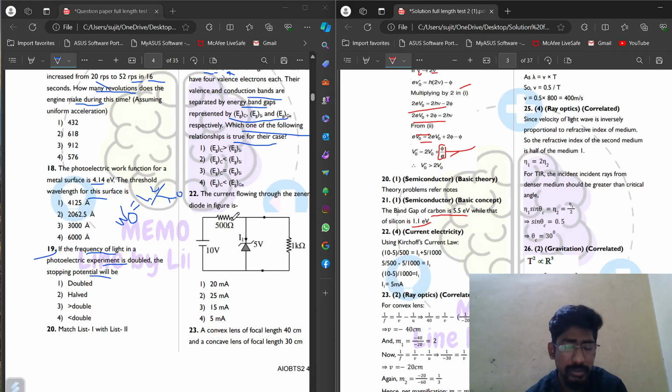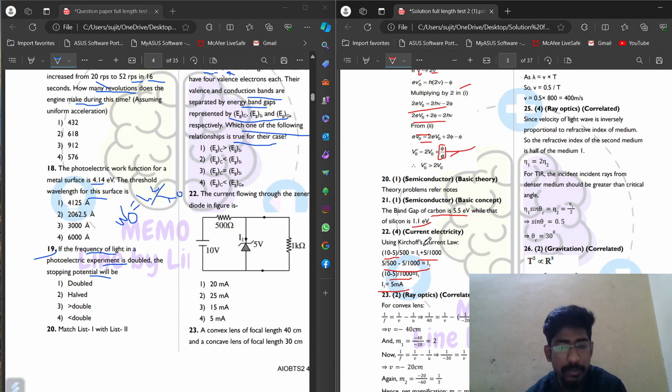Here the direction is already given. Just put the value in the formula that I already told you, and you'll get the answer. As simple as that. But I think you have to use the KVL also, that is summation of E equals summation of IR.